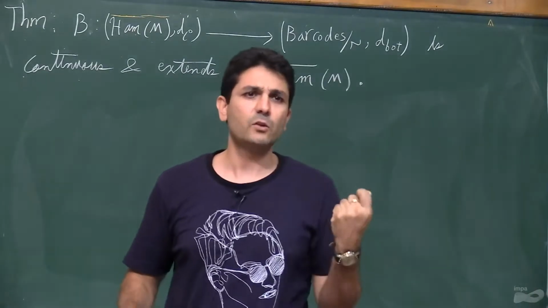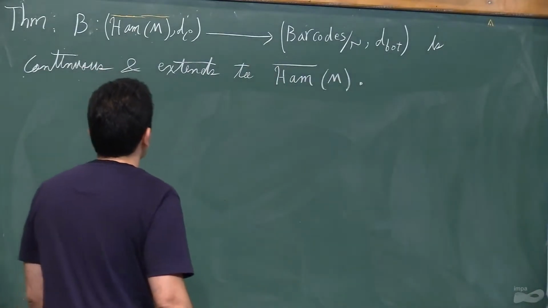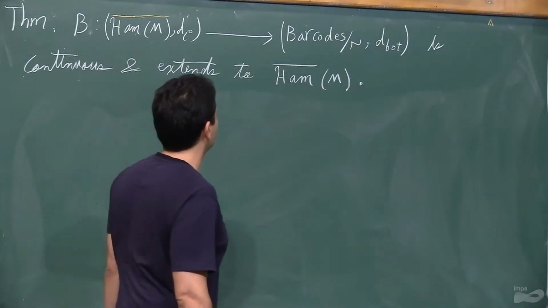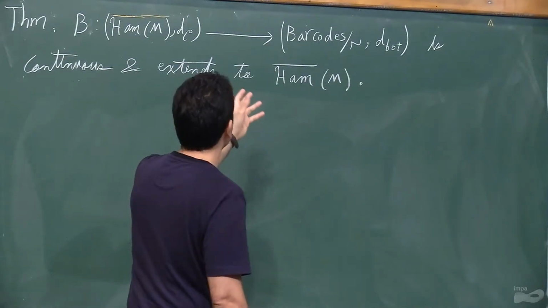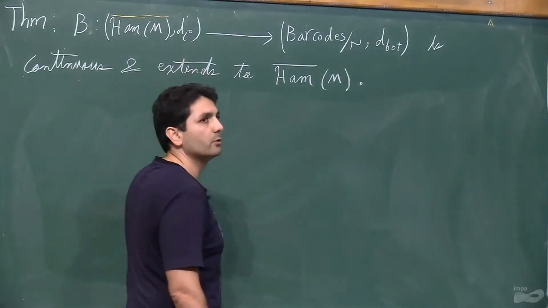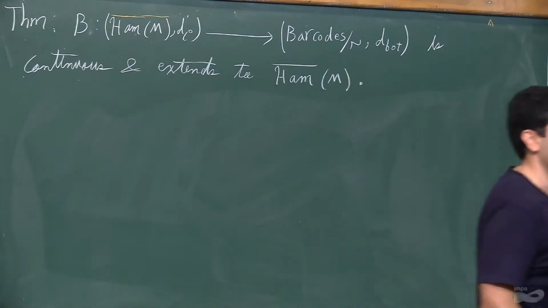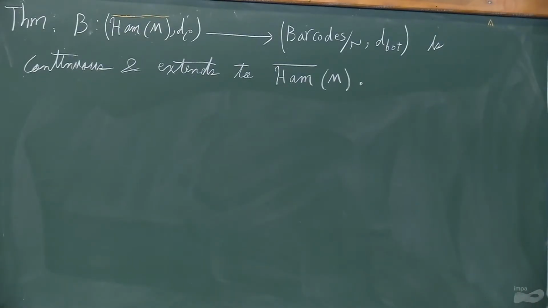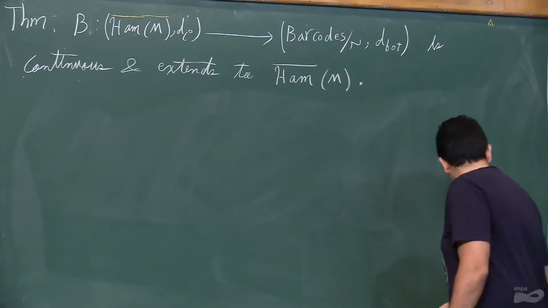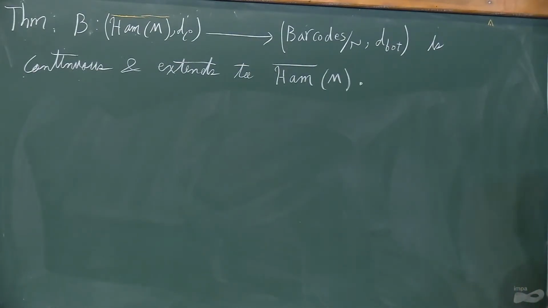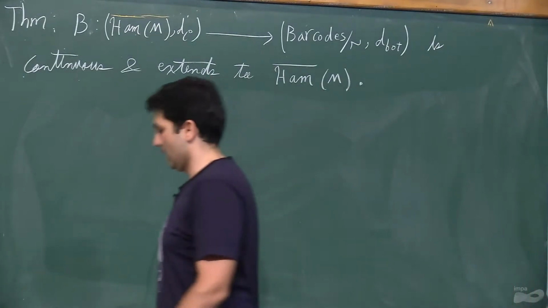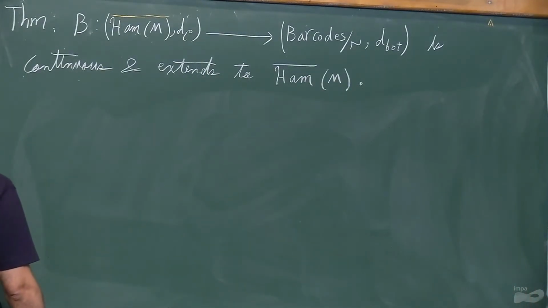And not only that, you have some control. The map is somehow locally uniformly continuous, so you could extend it to the closure. You have enough control to extend the map to the closure. And so this is what I meant when I said that we can indirectly define Hamiltonian Floer homology for homeomorphisms. And then I'll tell you what some applications of this are.